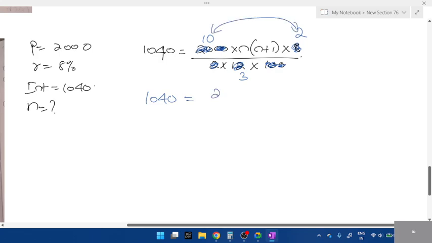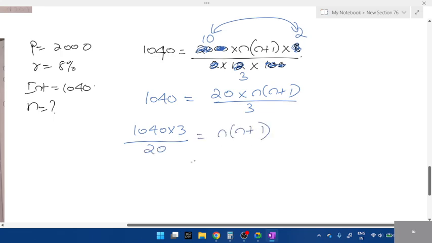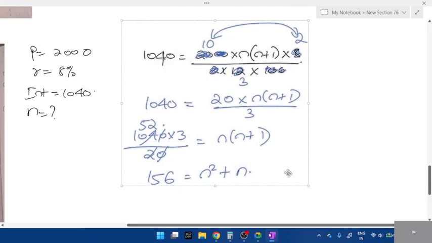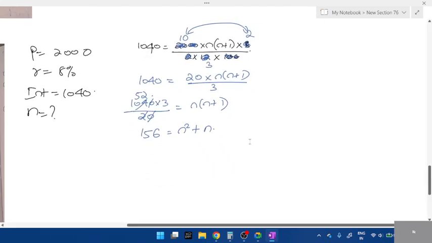What is 10 twos are? You have 20. See, mostly students, I feel definitely they'll give you one time period question.